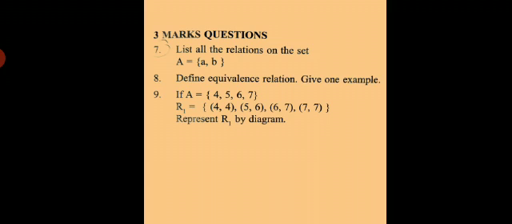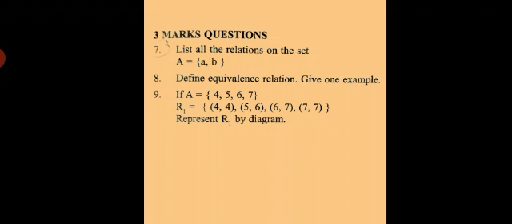Okay. Next, 9th one. If A is given {4, 5, 6, 7}, R1 is given {(4, 4), (5, 6), (6, 7), (7, 7)}. Represent R1 by a diagram. So here 4 and 4 will form a loop. 4 is related to itself only, 4 to 4. Loop it will form.